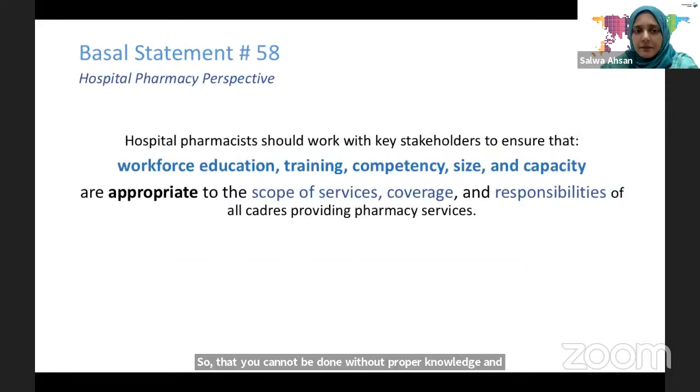Next. So throughout my presentation, please keep these Basel statements number 58 and 59 in perspective, because they emphasize that workforce education, training, competency, size and capacity have to be appropriate as per the scope of service, coverage and responsibilities of all cadres of pharmacy providers. So that's the first statement.